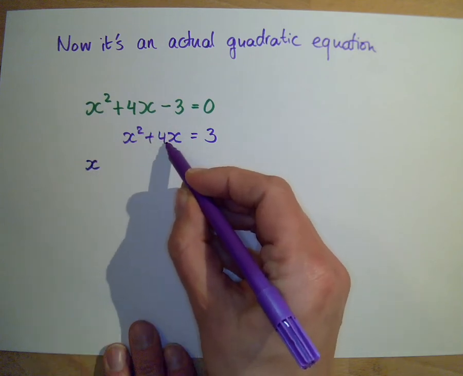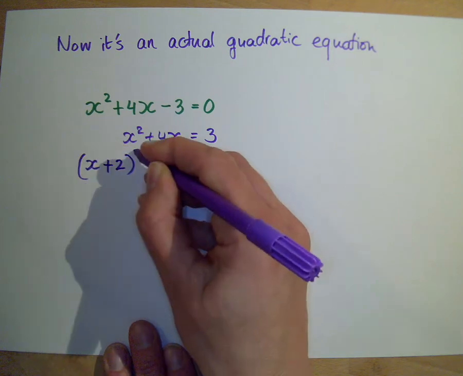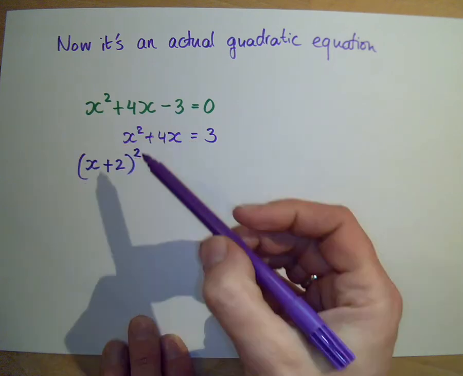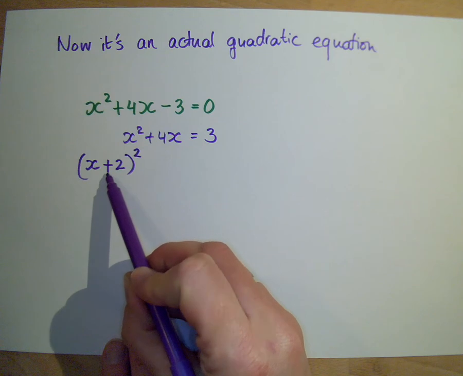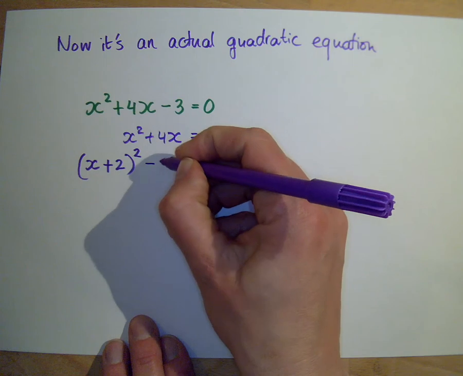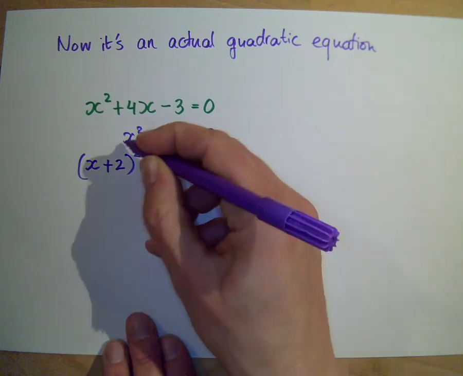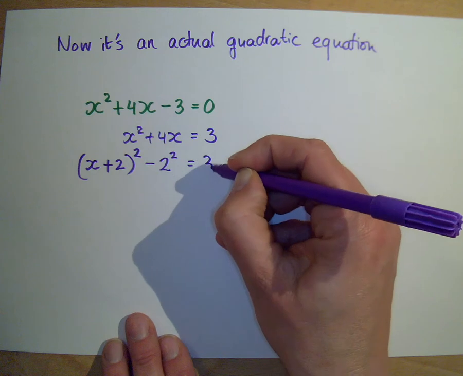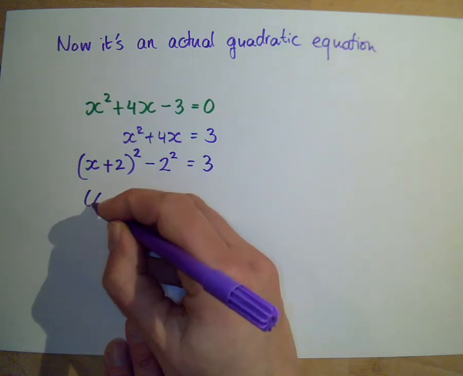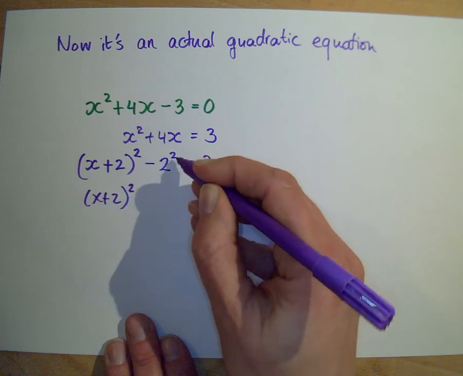Half of 4 is plus 2. And we have to subtract this term squared. So we subtract 2 squared, right? That takes care of this, and it equals 3. Let's leave this in there, and 2 squared is 4.